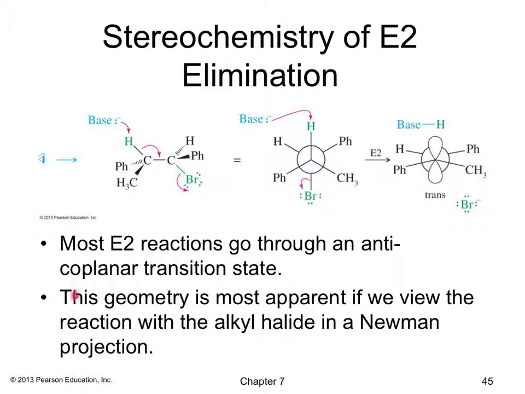E2 reactions go through this anticoplanar transition state shown here. So you can look at it head on and look at a Newman projection of the actual molecule in which you see these are in anti-position to generate the alkene. This geometry is apparent if we view the Newman projection shown here.